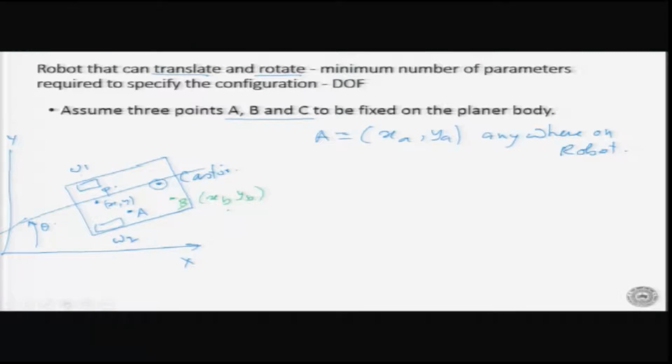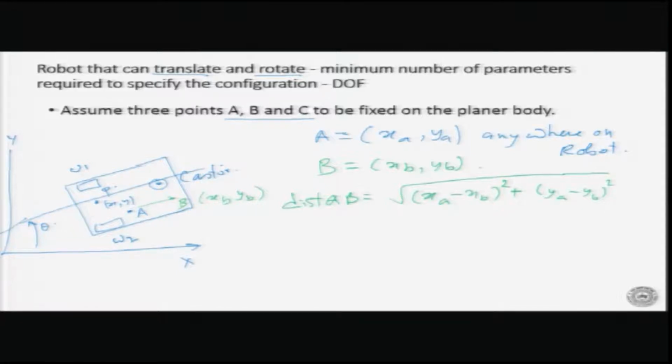Now, the moment I put the point B, because point A is fixed, the distance between A and B gets fixed because it is a rigid body, which means that distance AB now becomes equal to root over (xA minus xB) squared plus (yA minus yB) squared. So, because this is a rigid body, the moment I have put the point B, the distance between A and B is fixed now.